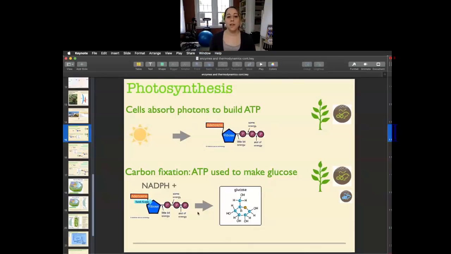Then we also have the use of ATP to make glucose. So we've talked a little bit about both of these types of molecules. ATP is a really commonly used molecule for actually being used by enzymes. On the other hand, we've never seen a glucose molecule bound by an enzyme and used to fuel a reaction.